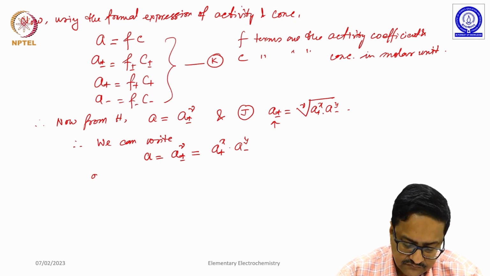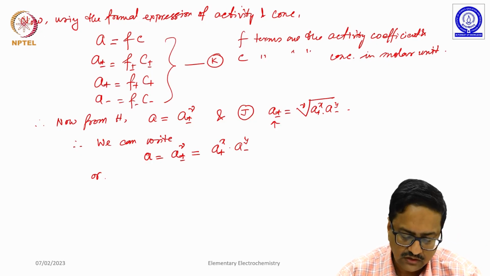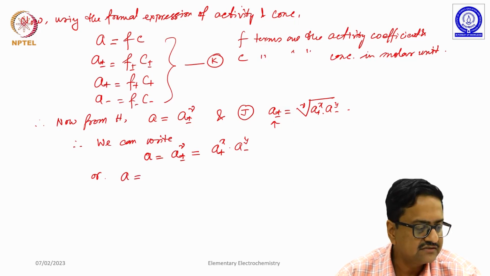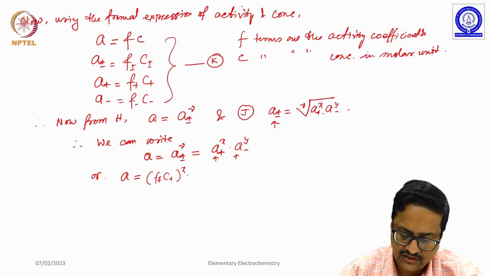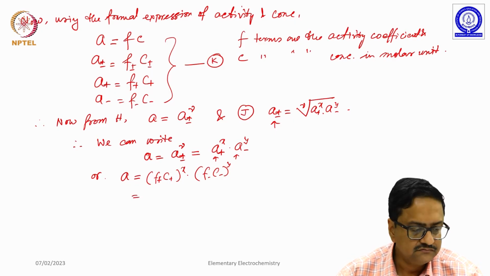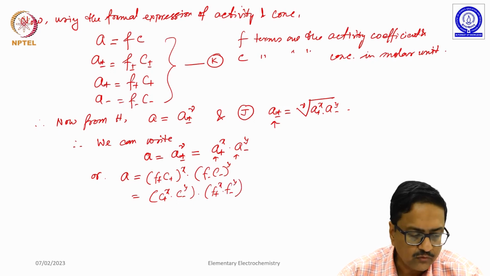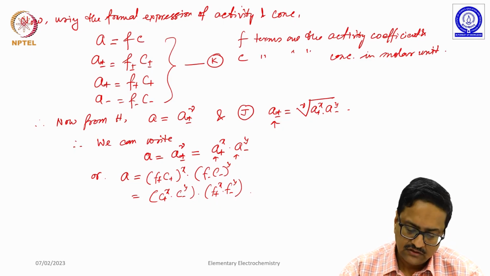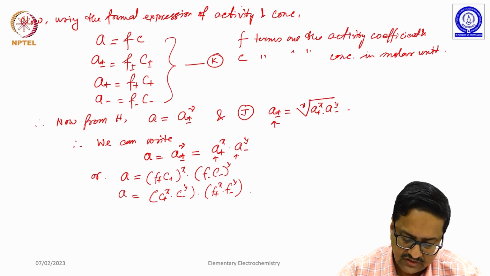So, we can further write in place of A, we write F into C, or we can still continue with A on the left hand side and replace the terms here with F and C. So, what we write is F plus C plus to the power x into F minus C minus to the power y, which is equal to C plus to the power x, C minus to the power y into F plus to the power x, F minus to the power y, right. Which is equal to A.